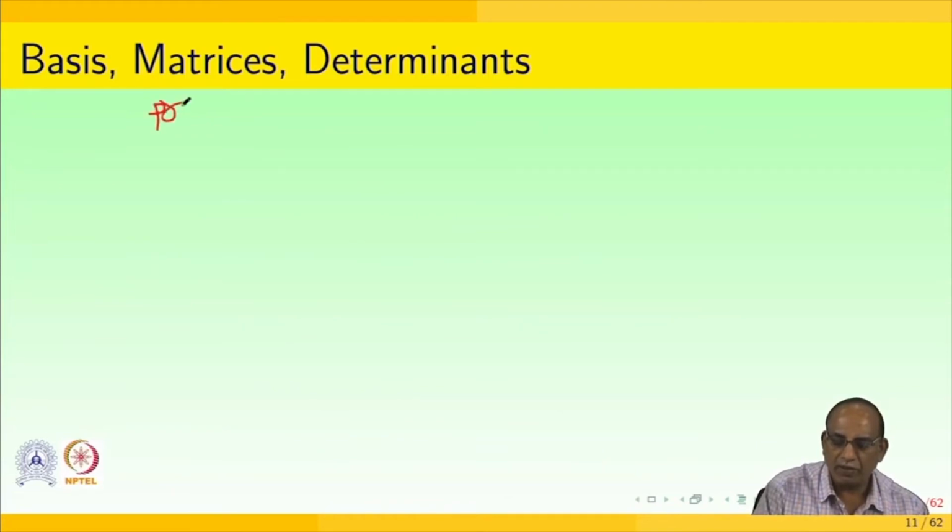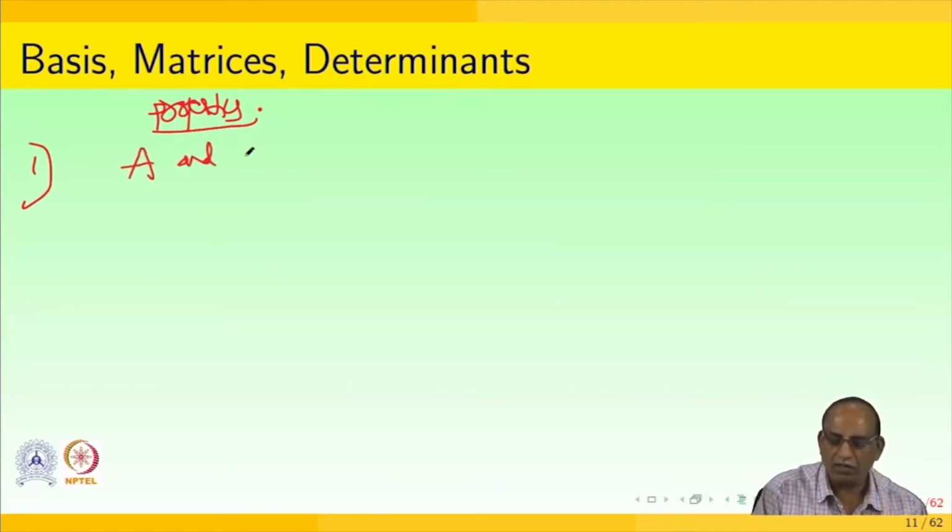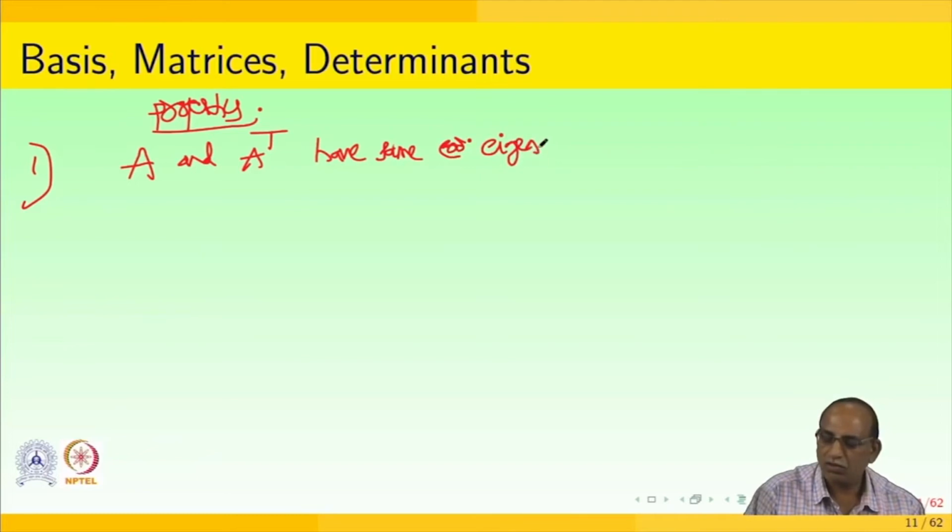What are the different properties of eigenvalues? The properties of eigenvalues are: A and A transpose have the same eigenvalues.